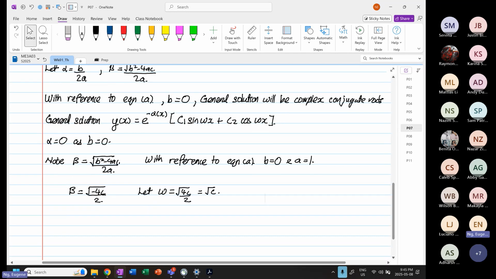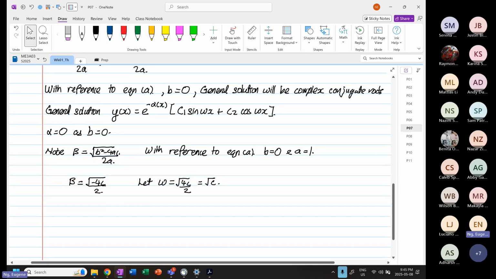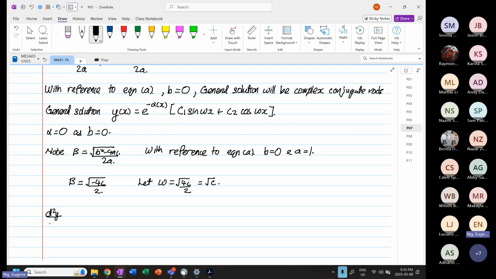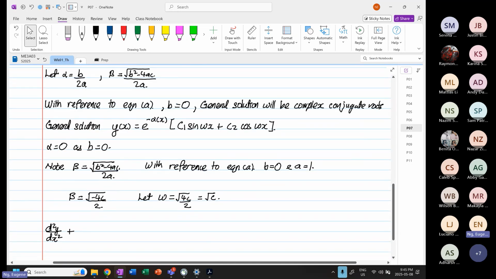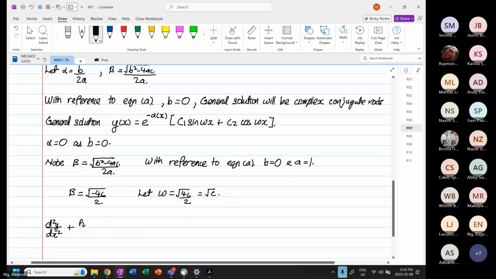So finally, we know that based on d squared y over dx squared plus P y over EI, this is equal to 0.